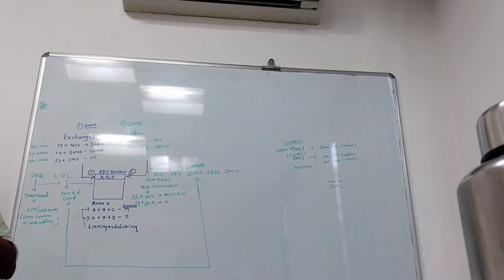Both the values are different, so it will not remain linked. They will get delinked. Till the time I get the update from Reuters, it will remain like that in the system.